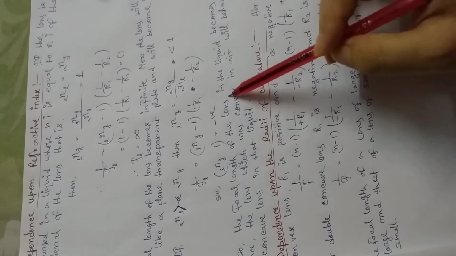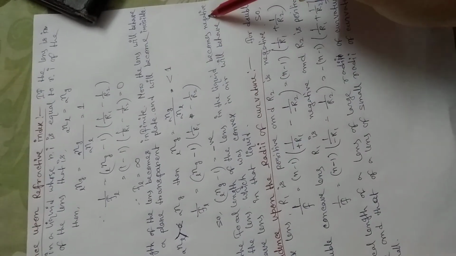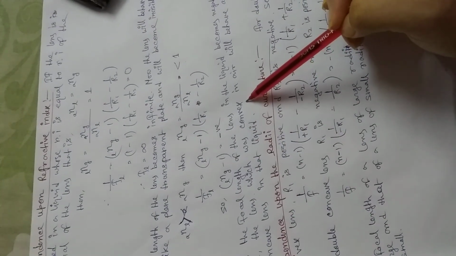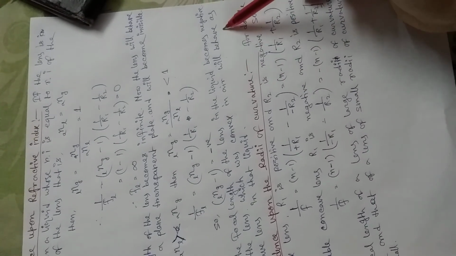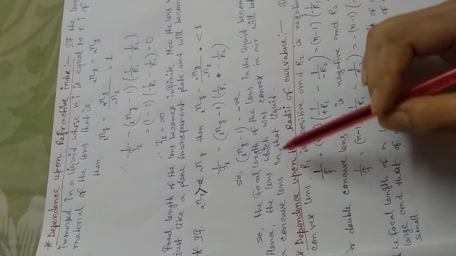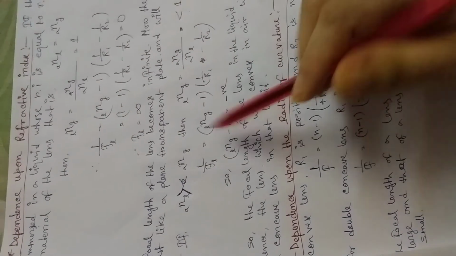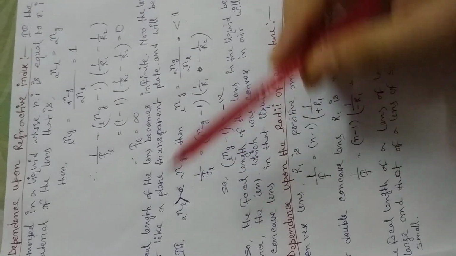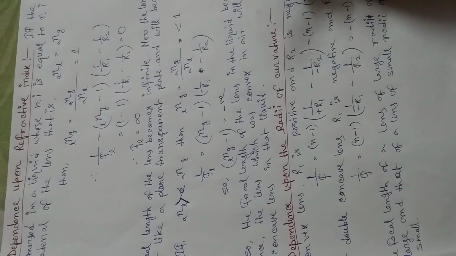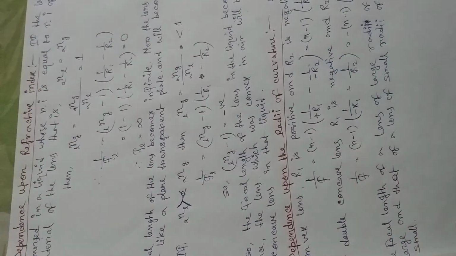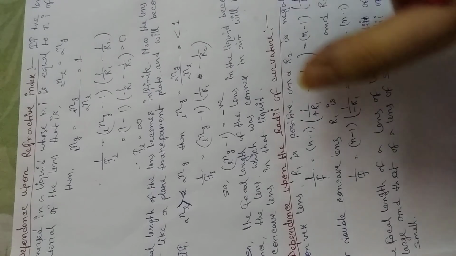So the focal length of the lens in the liquid becomes negative, hence the lens which was convex in air will behave as a concave lens in that liquid. That means if a lens behaves convex in air, then that lens behaves concave inside this liquid. Okay, that means the nature will be changed.